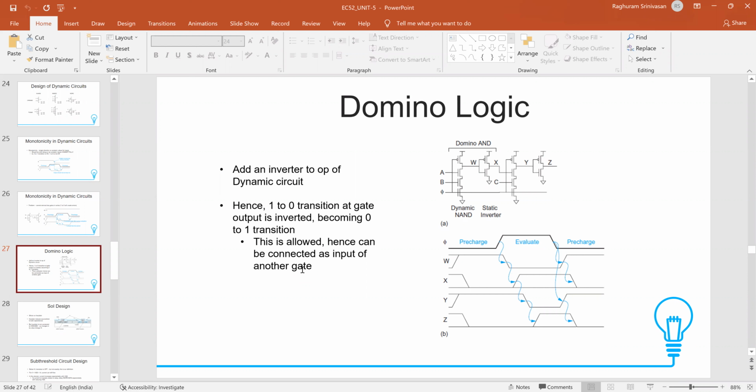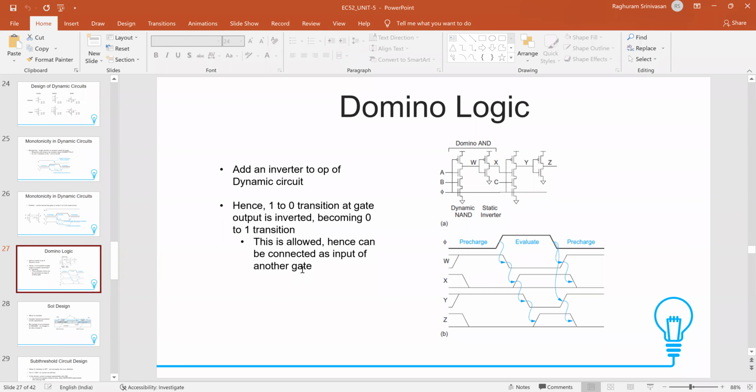So in the Domino Logic family, the structure is about 80–90% the same. The only addition is that at the output node you add a static CMOS inverter. That's what you see in the block diagram there.